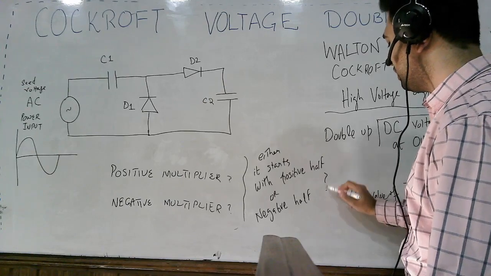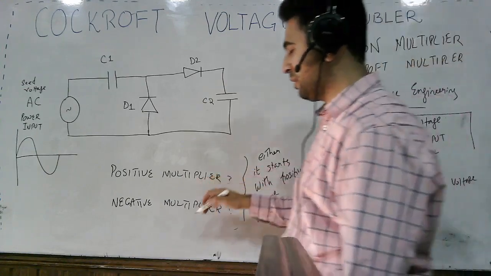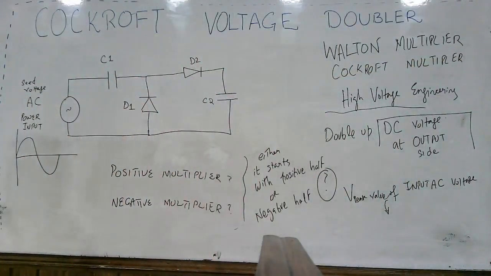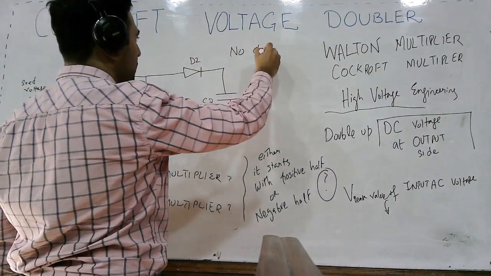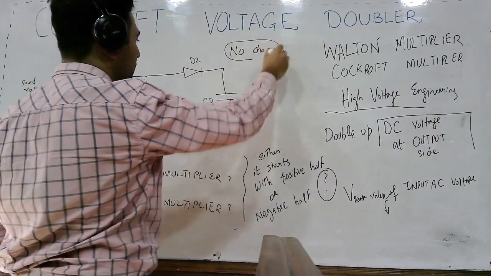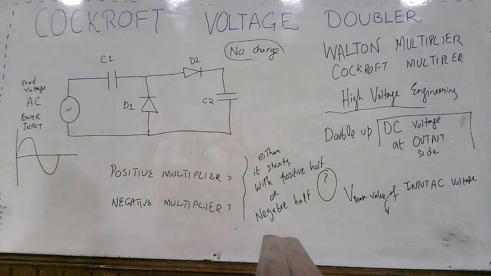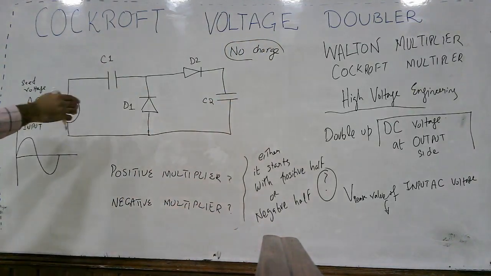What does this mean? We will be able to understand these concepts as well. Okay, so let's start. We assume that at the start there is no charge stored on the capacitors. It means that the capacitors have no initial charge stored on them. So let's start with this.